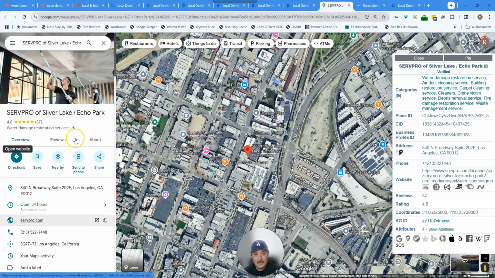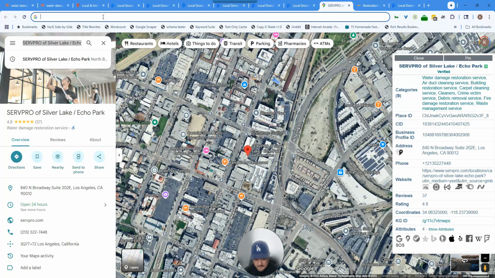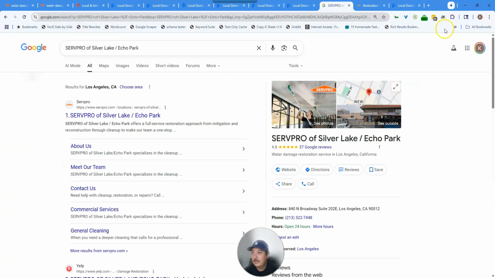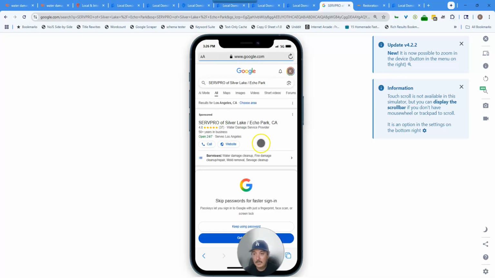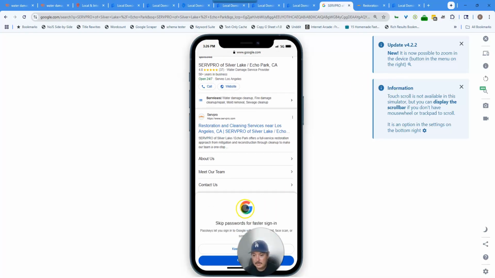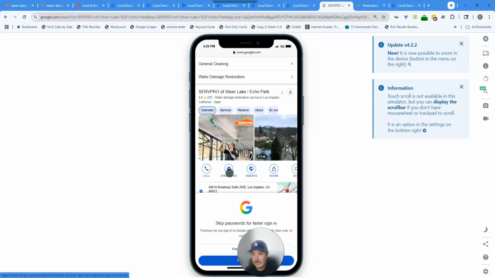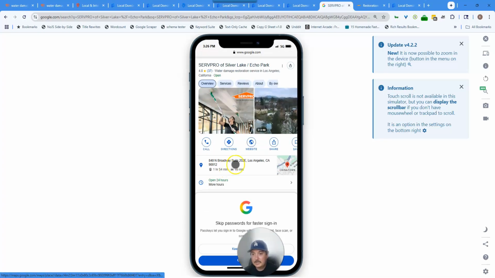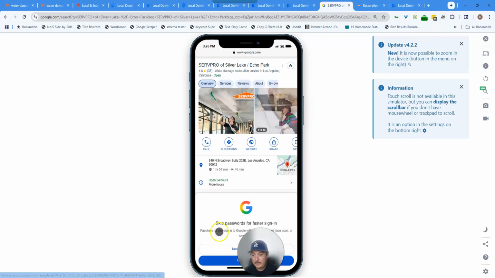Now, let's take this and then let's just do a search for them. You could pay for the GMB Crush Chrome extension, or you can just use the mobile simulator to see more about their GBP.